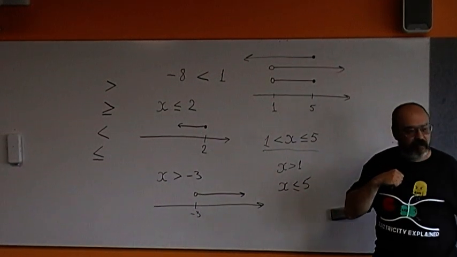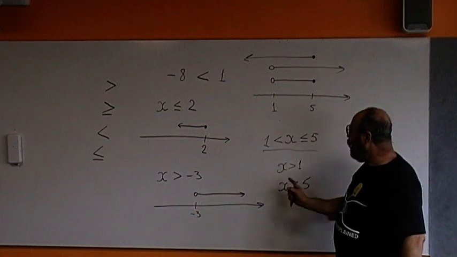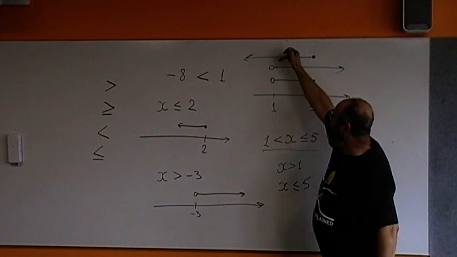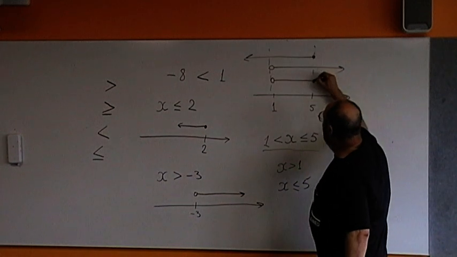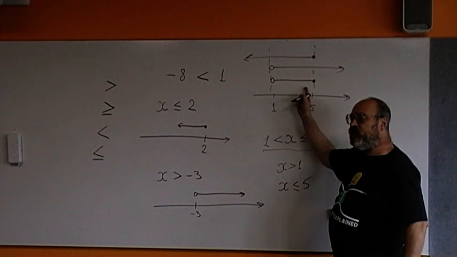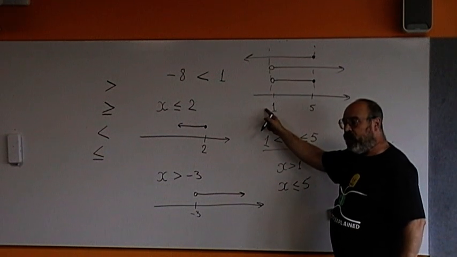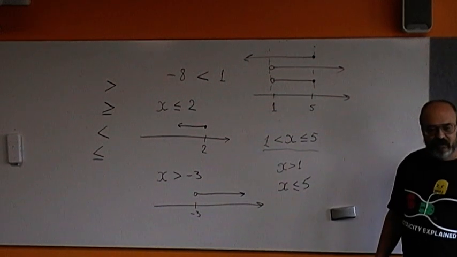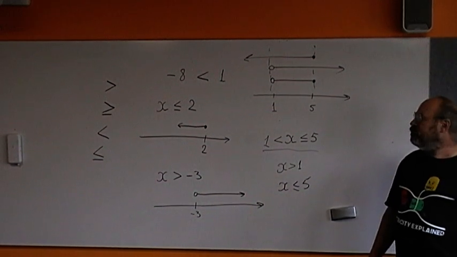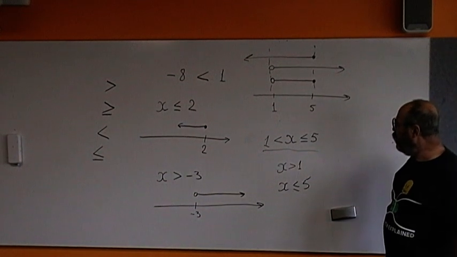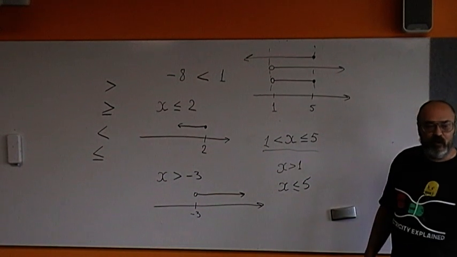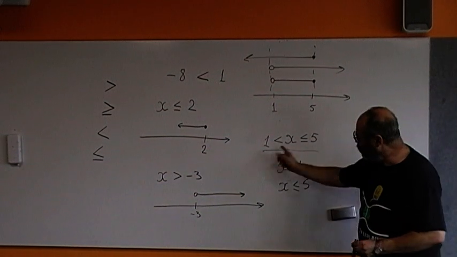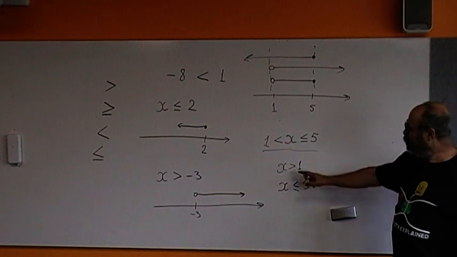the condition on the number is to be greater than 1 and less or equal to 5. That's where they overlap. So numbers in this interval are greater than 1 and less or equal to 5: 3, or 5, or 2.1, 2.111, anything like 2.34.